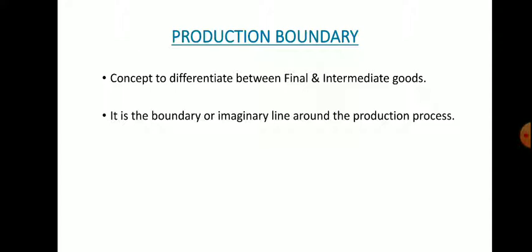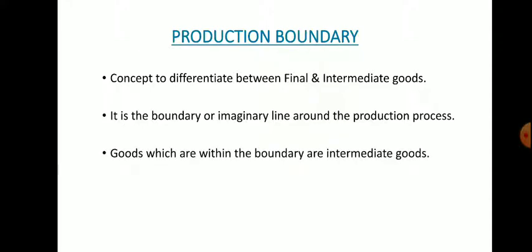As long as the goods remain within the production boundary, within that imaginary line, they are intermediate goods. And once the good comes out of that boundary or imaginary line, it becomes a final good.